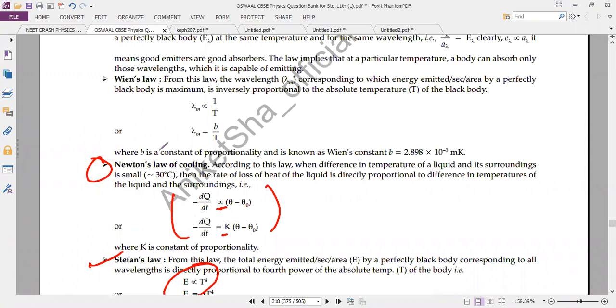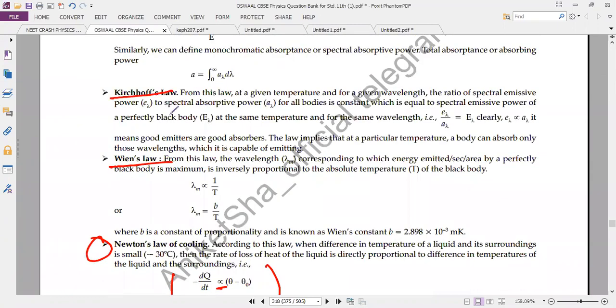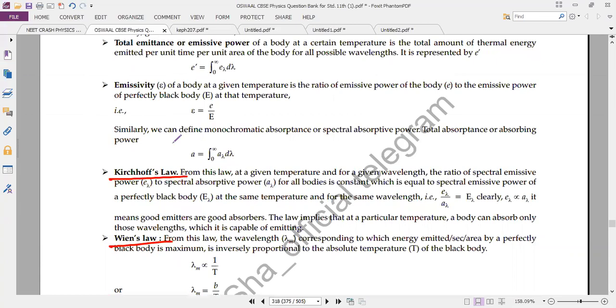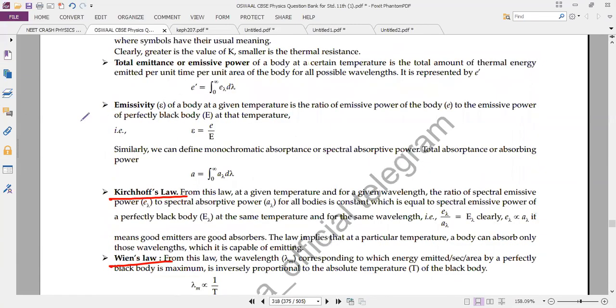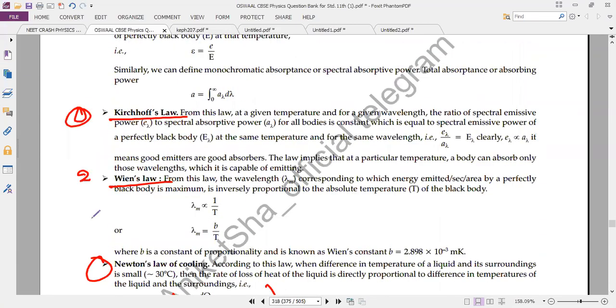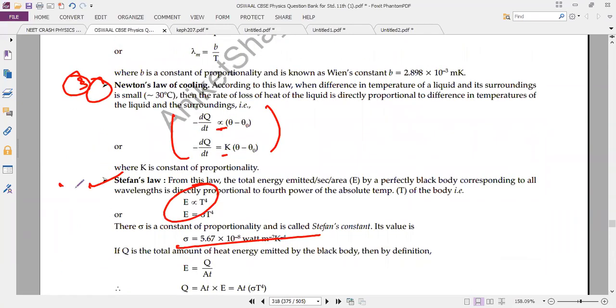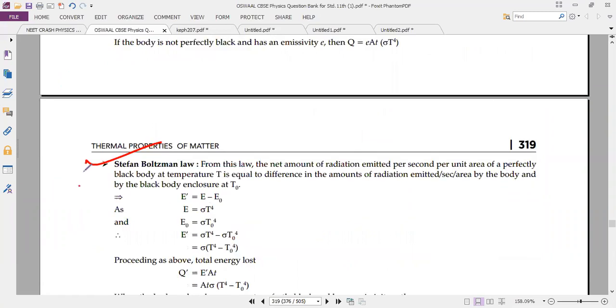Wien's law, Kirchhoff's law. So definitely Kirchhoff's law, Wien's law, Newton's law, Stefan's law, Stefan-Boltzmann law. Any one topic definitely you can expect from the competitive exam.